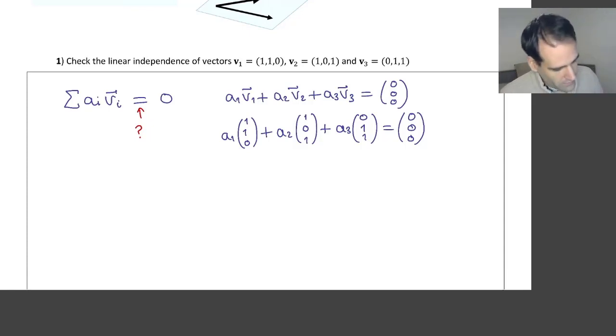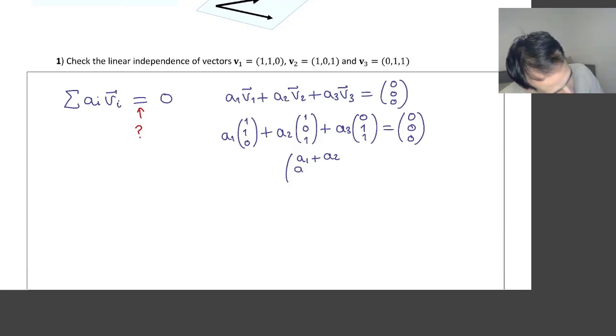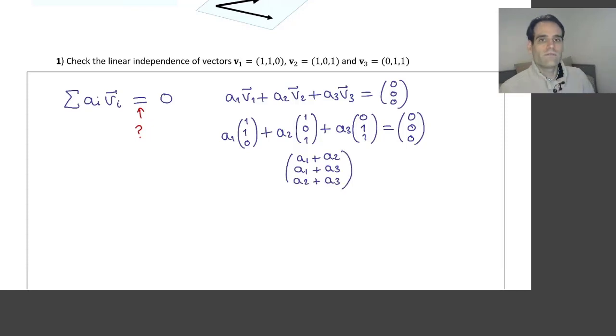So which vector is it? It would be a1 plus a2 as the first component, a1 plus a3 as the second component, and a2 plus a3 as the third component, when you do this scalar multiplication and addition of vectors. And this must be equal to 0, 0, 0.